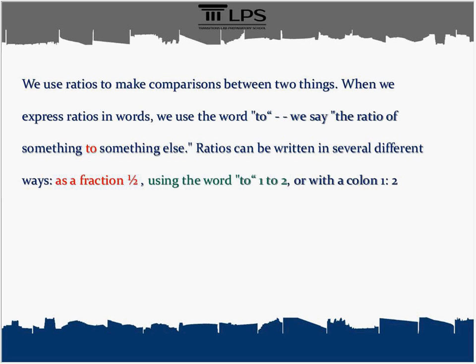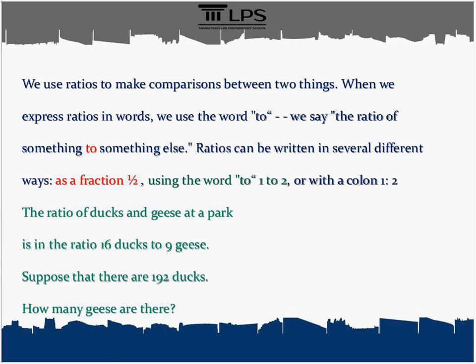Let us take a simple problem based on the idea of ratio. The ratio of ducks to geese at a park is 60 ducks to 9 geese. If there are 192 ducks, how many geese are there?